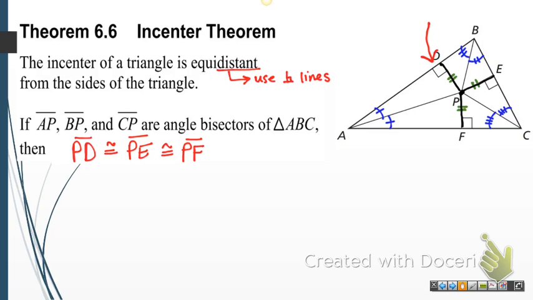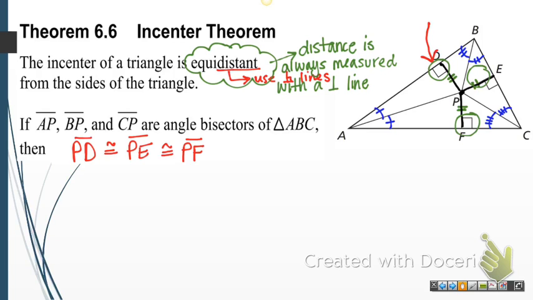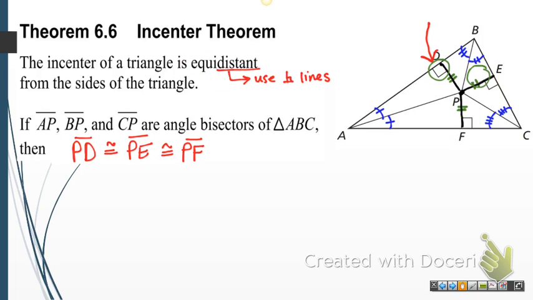And then we should be able to draw the triangle in there. Okay, so there's my incenter. It's equidistant from the sides, and there's the circle that I can draw.